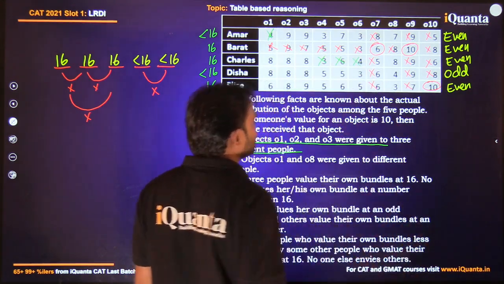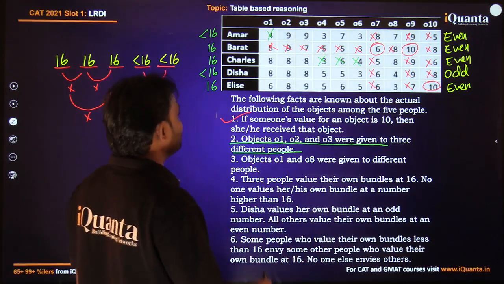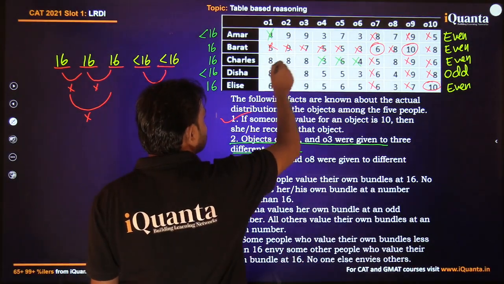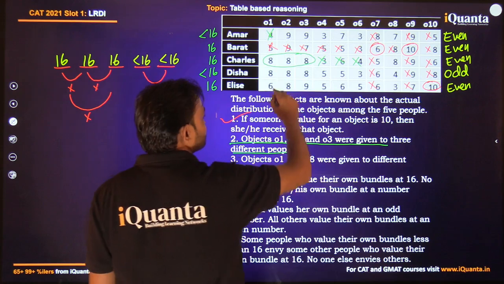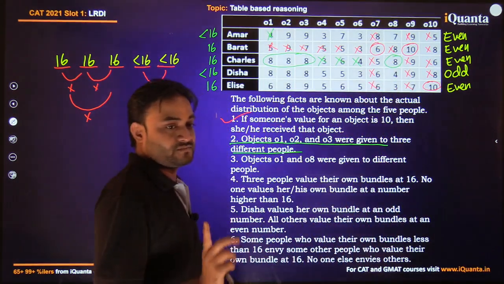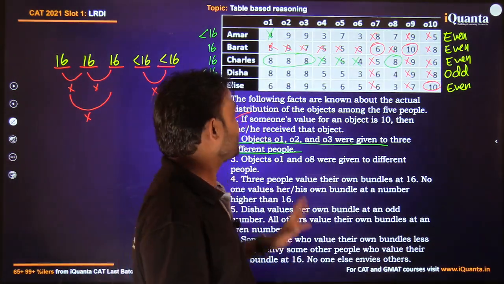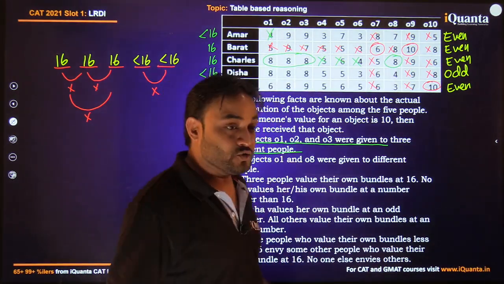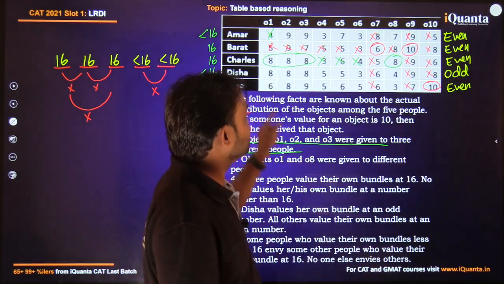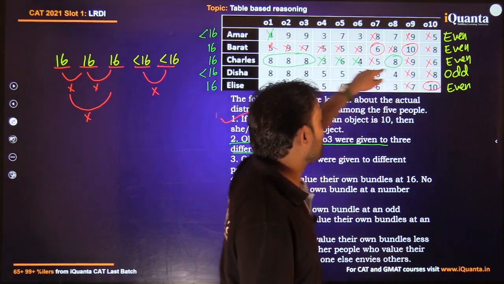All of these can be crossed from Charles' list. From these three we need to choose one, and one must be object 8. So object 8 must be given to Charles. Is it clear? Charles values his bundle 16, and 16 can only be achieved by 8 plus 8 from this row.